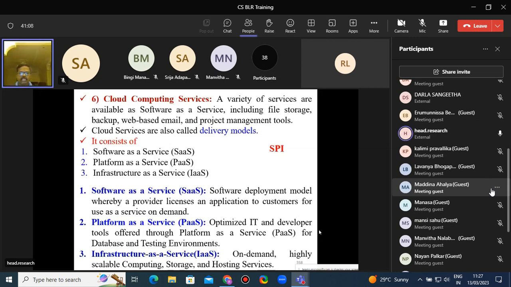Platform as a service offers optimized IT and developer tools for database and testing performance. Infrastructure as a service offers on-demand, highly scalable computing, storage and hosting services.